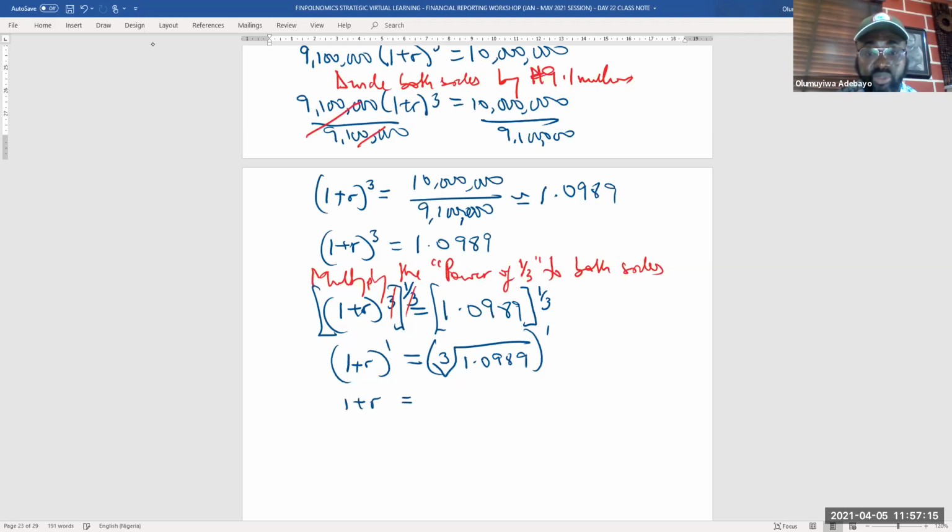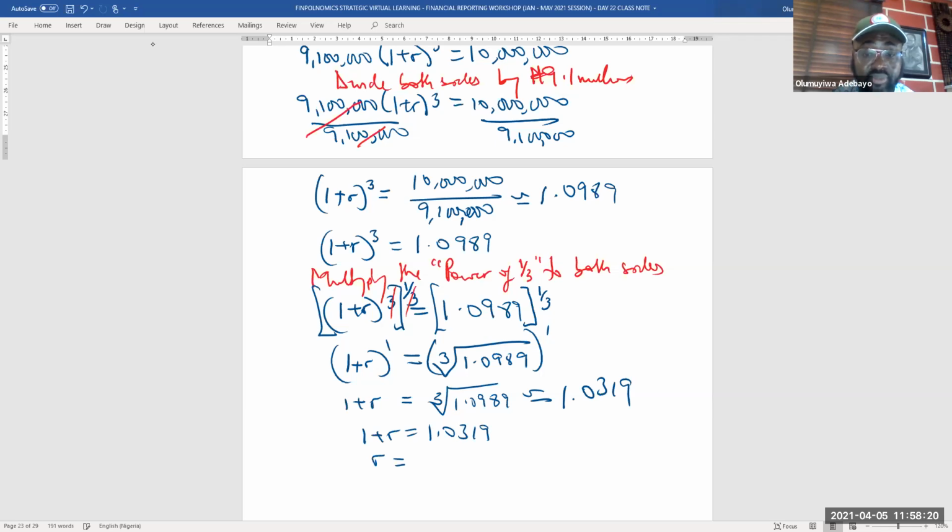Which is 1 plus R equals the cube root of 1.0989, which if you press your calculator should give you 1.0319. Therefore, 1 plus R equals 1.0319.